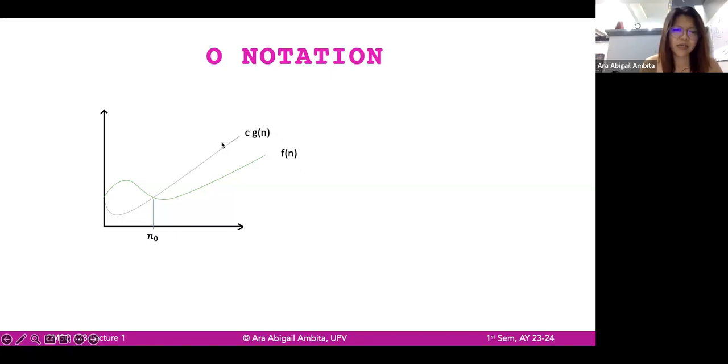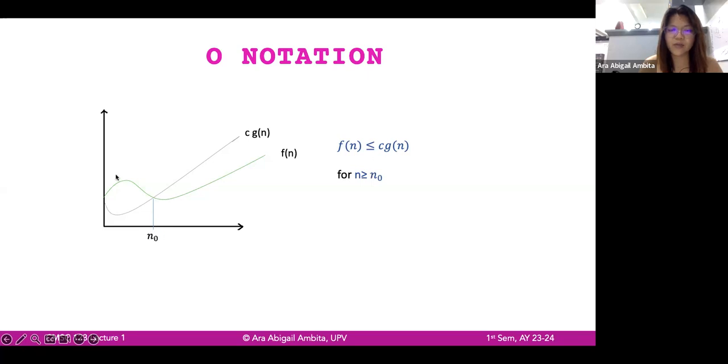As you can see, the running time for cg of n is much bigger compared to that of f of n. So f of n will be less than or equal to the function cg of n for all of the inputs that are greater than or equal to n sub 0.